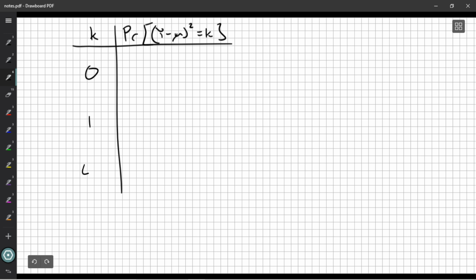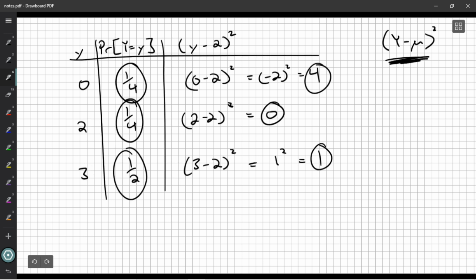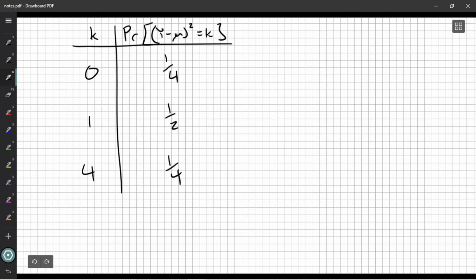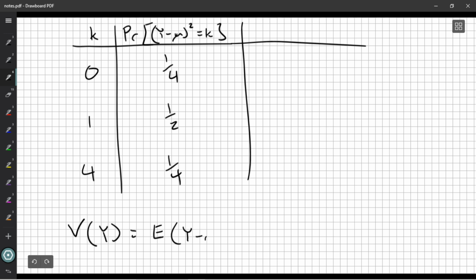It's 0, 1, or 4. 1 quarter, 1 half, 1 quarter. Just double check before we move on. It's always a good idea to stop and double check that you've copied your numbers right, you've done your calculations correctly. Okay. Now the variance of y is the expected value of this new random variable that we have created.